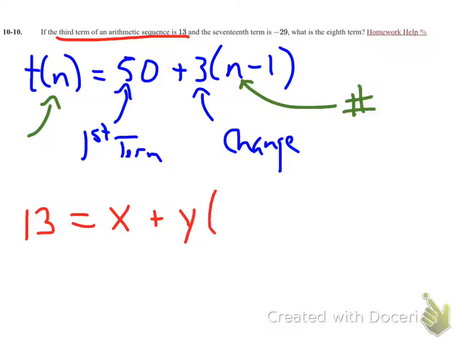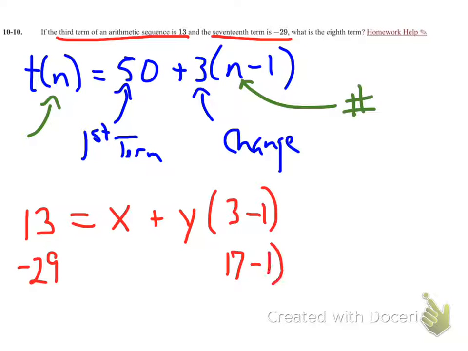But I know that it's the third term, so I have that information. Using then this piece of information as well, negative 29 is the 17th term, and I still have the same change and the same starting value. This is now a system of equations that I can go through and solve.